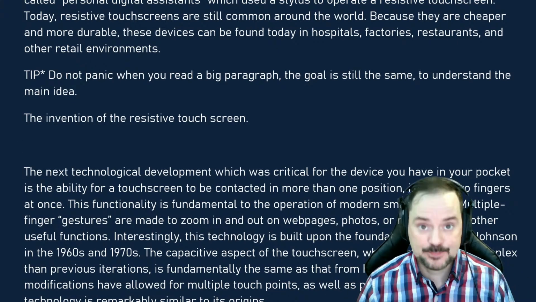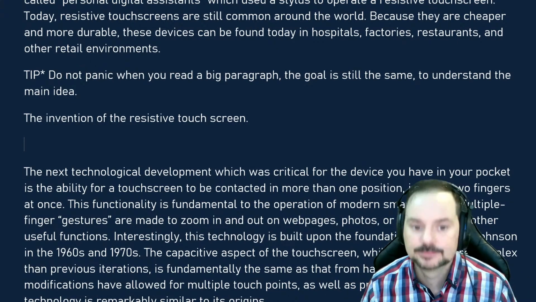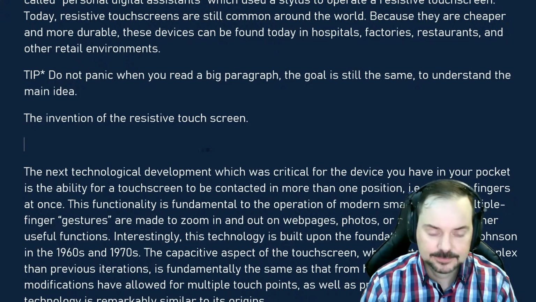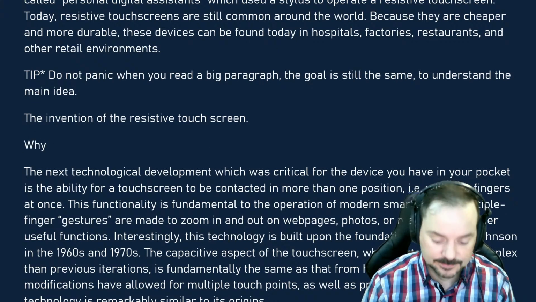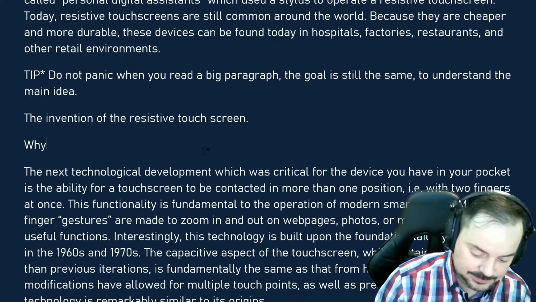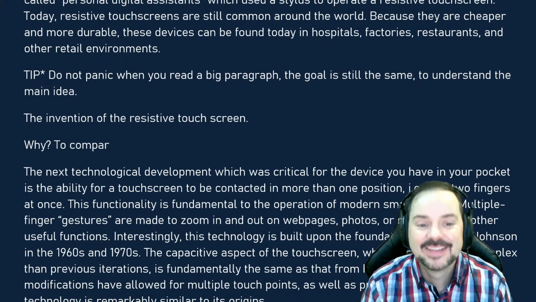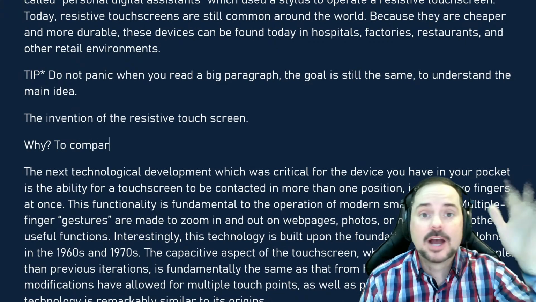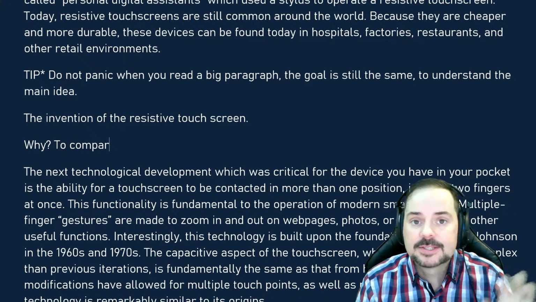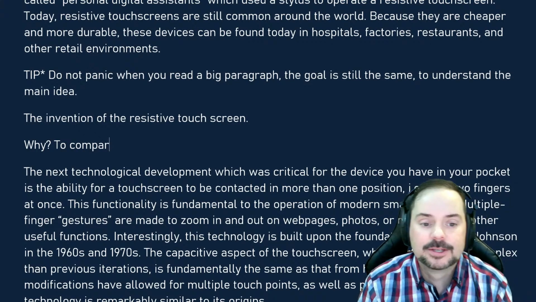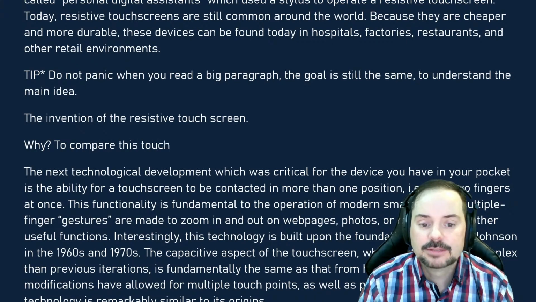Maybe to compare it with the other one. Yes, definitely, it's the right answer: to compare it with the other one, to compare this touchscreen with the other one, right?